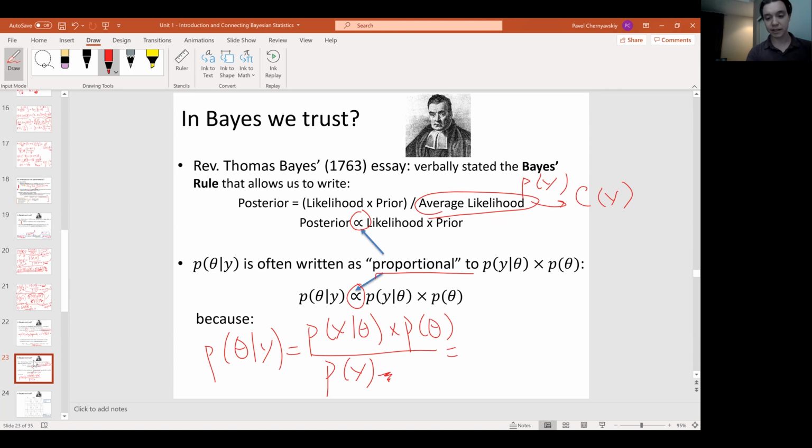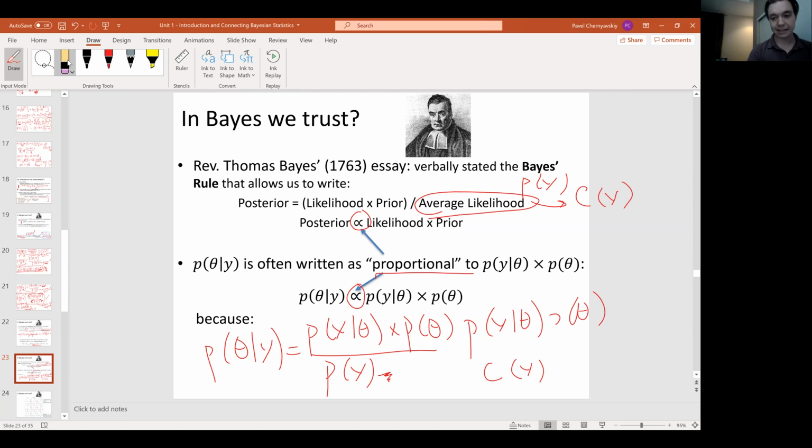That marginal distribution, and I don't mind rewriting it actually, because you will see it again and again out there in literature, is a result of integrating out theta. When you integrate a variable out, it's no longer a variable. And so then the result in a denominator is a constant that does not depend on theta, right? It's a constant that only depends on y. And so what you can write then is you can use the proportional sign.